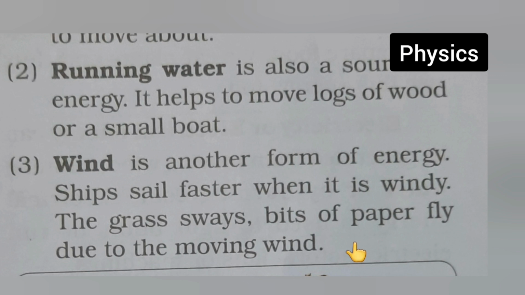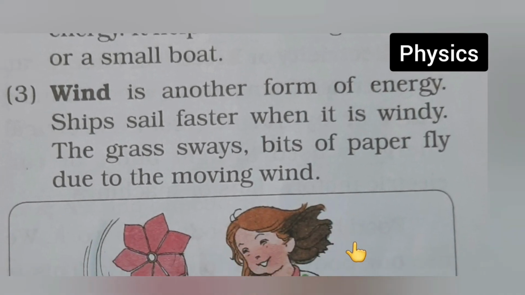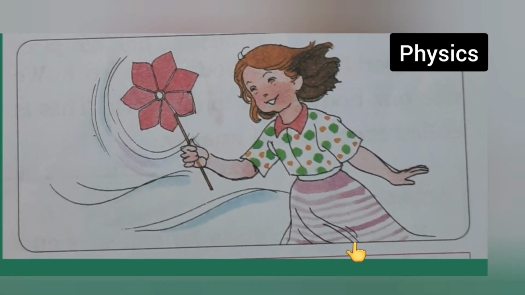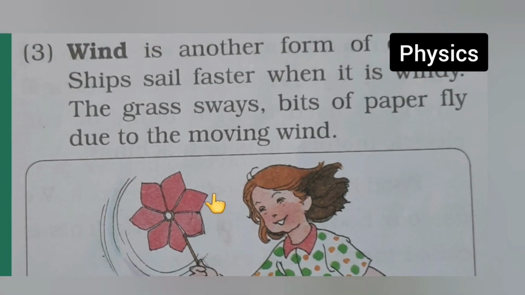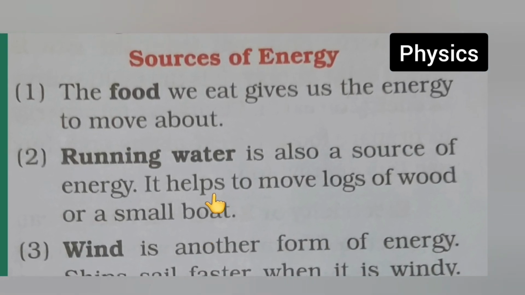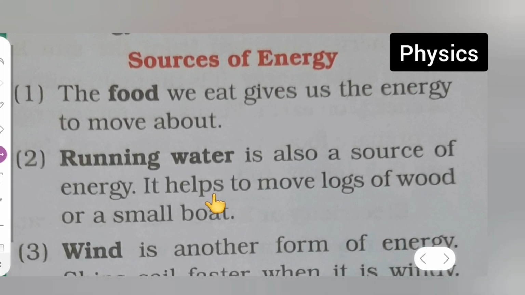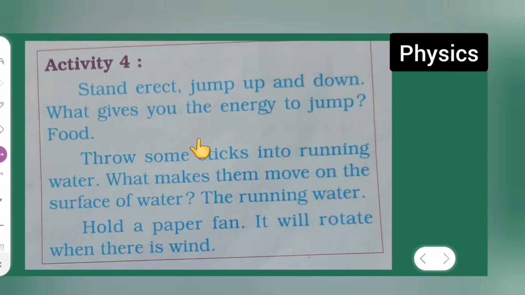Once the wind starts moving, what will happen? Small pieces of paper will fly, and the grass will sway. You can see this picture over here. What happens when wind comes? Next, let me take it forward. You can all take this down.